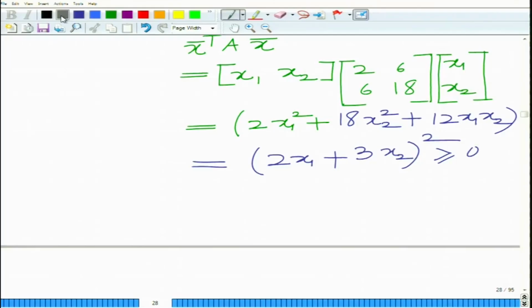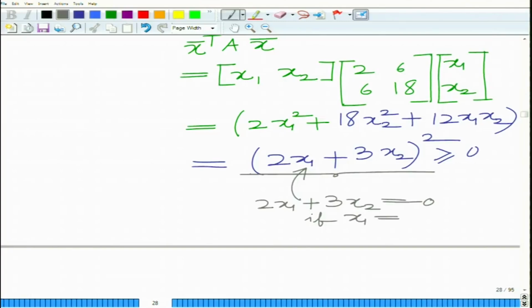It is not strictly greater than 0, because 2x1 plus 3x2 equals 0 if x1 equals minus 3 over 2 x2. If 2x1 plus 3x2 equals 0, then x bar transpose A x bar will be 0, otherwise it is greater than 0. Therefore, in general it is greater than or equal to 0, hence the matrix A is positive semi-definite.